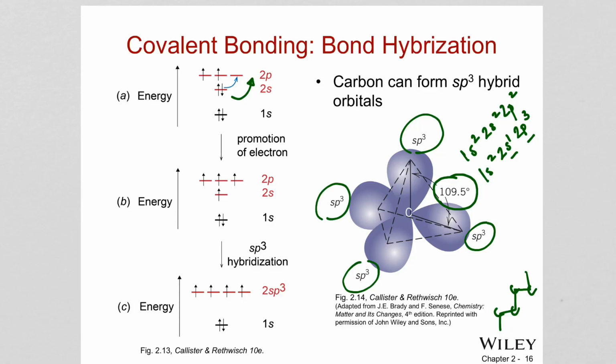And the only way another carbon can come and share an electron is to bring its sp3 orbital in a certain direction so that it can share electrons with the sp3 orbital of another carbon. So they need to approach each other from a certain angle and from a certain direction. That gives this covalent bonding directional characteristics.